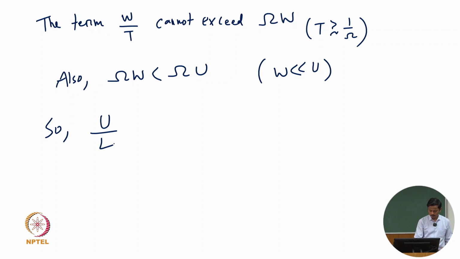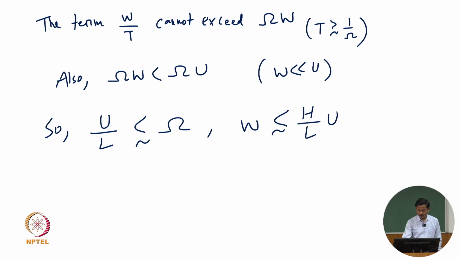U by L is smaller than or equal to omega, and w is smaller than or equal to H by L times U, because this is the definition of w, and this w is much smaller than u.